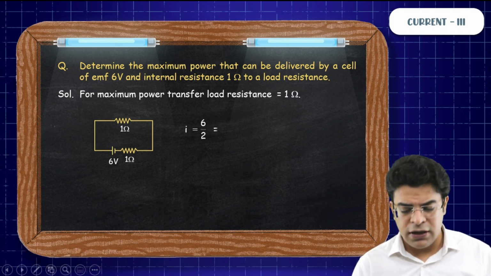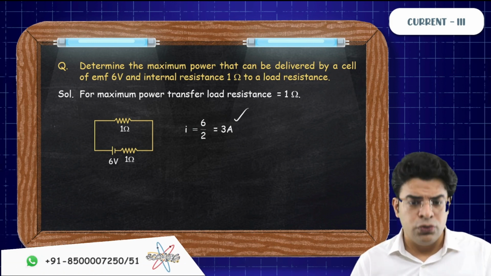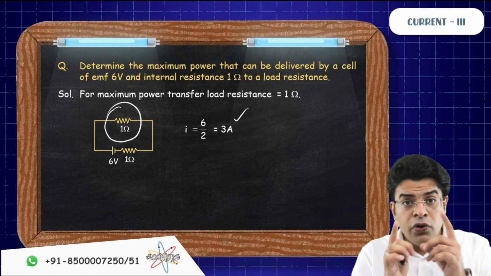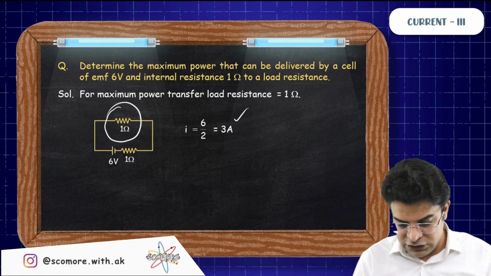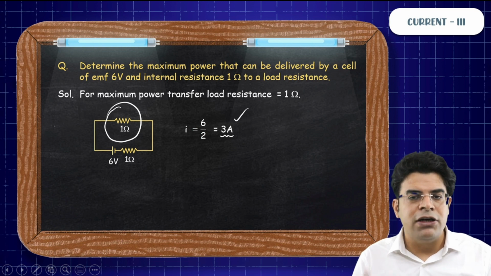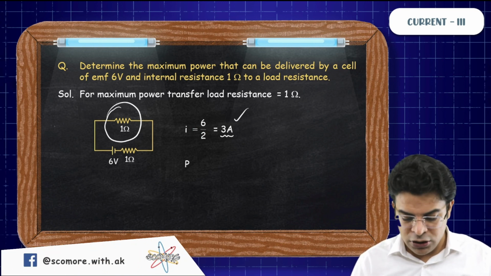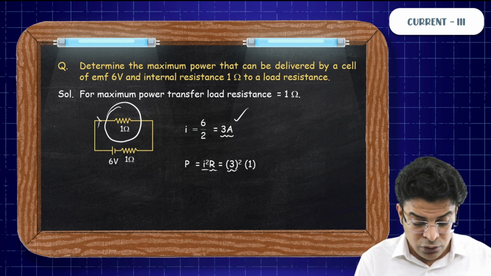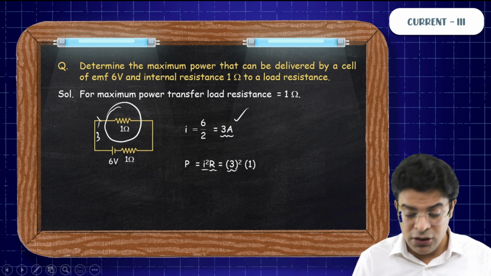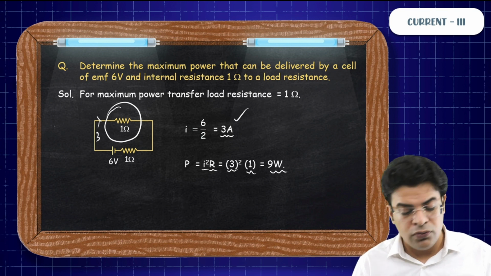So the current flowing has to be 3 ampere. Once you know the current flowing through the load resistance when it dissipates maximum power is 3 ampere, then the power dissipated has to be I square R, which equals 3 square, the current flowing through it, multiplied by its resistance. So that gives you 9 watt.